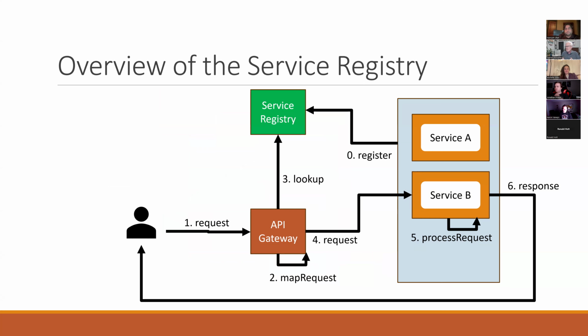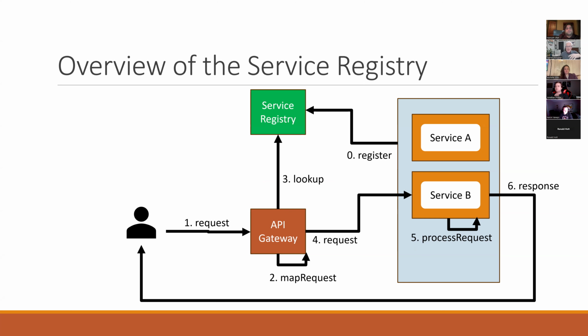When they say Zippy, I'm going to say, I need the Zippy service. So it goes to the service registry and says, look up this service. The registry says, I know that service, I have the IP address, and passes back the IP address. It runs through the filter with that IP address and then sends the request to service B.